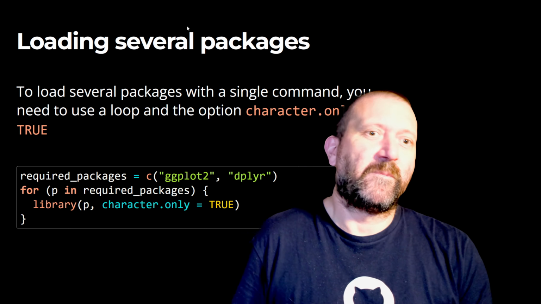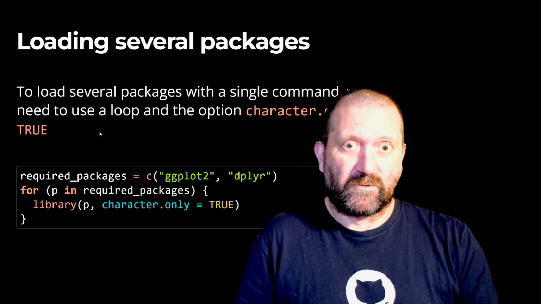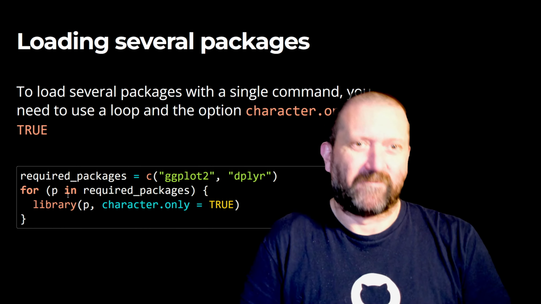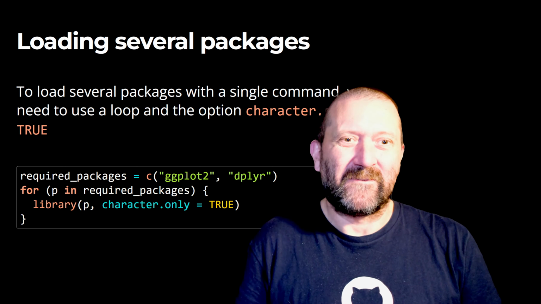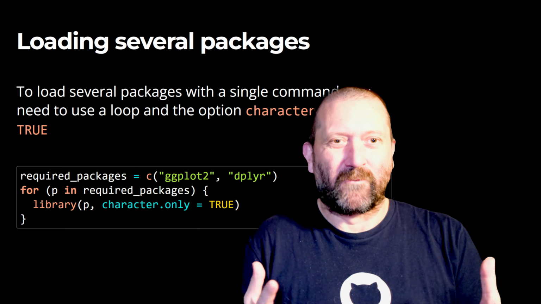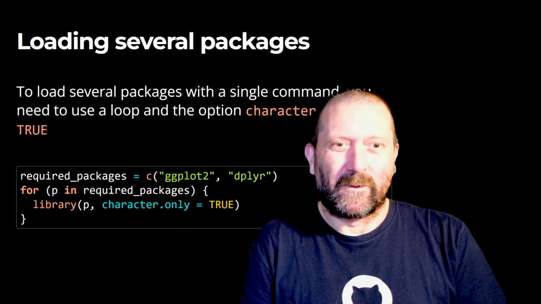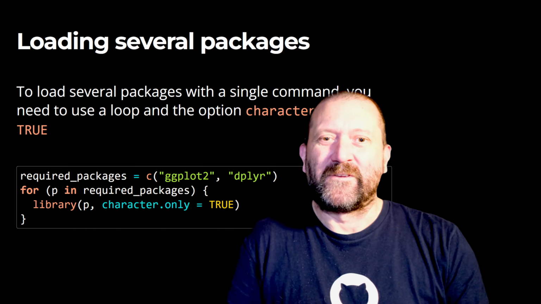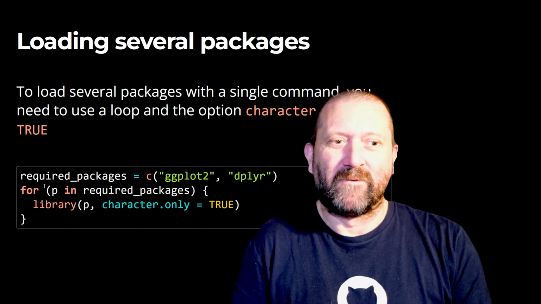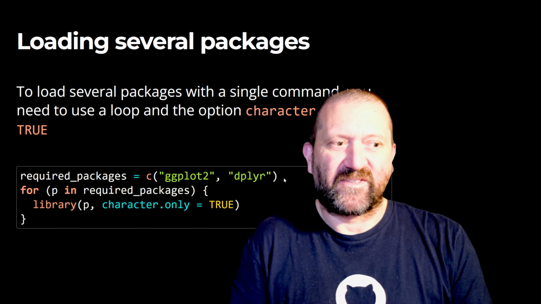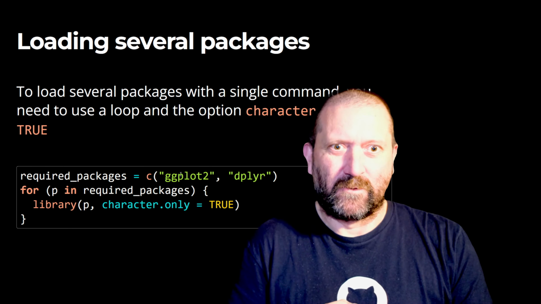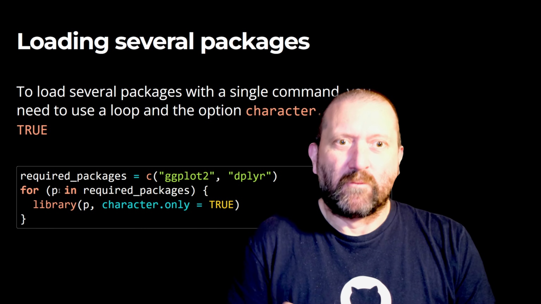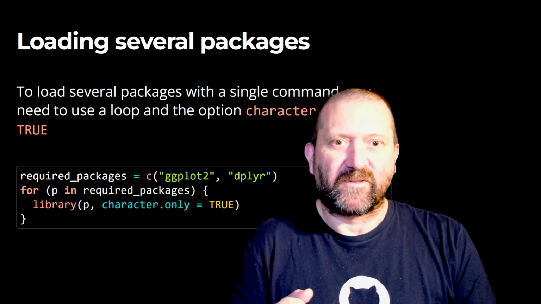The only thing that you have to bear in mind if you want to use a loop, so here this is a loop, there is a vignette on loops a bit later that you can look at, the one on flow control in R. But for the moment, just know that what I'm doing is I'm making this vector with the names of the packages I want to load, and then I'm saying loop on those two values.